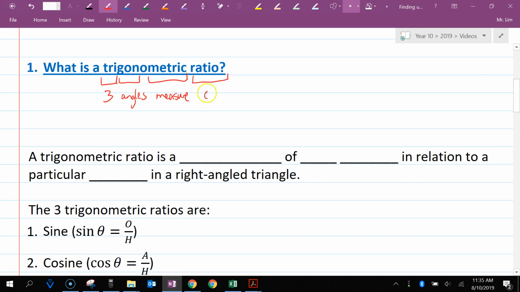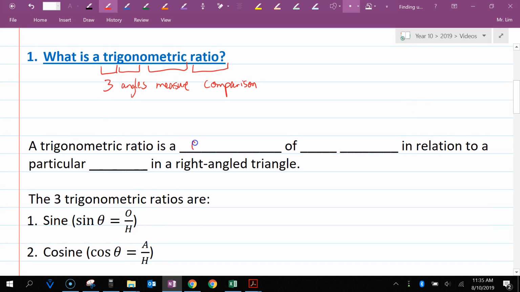And a ratio is a comparison of two or more things, usually two things. So a trigonometric ratio is a comparison of two sides in relation to a particular angle in a right angle triangle.